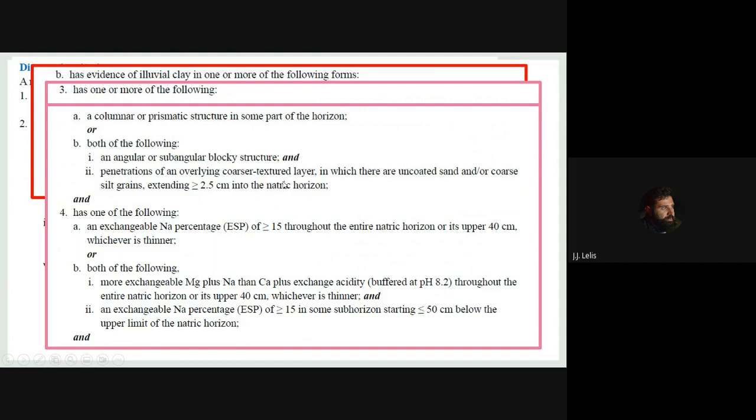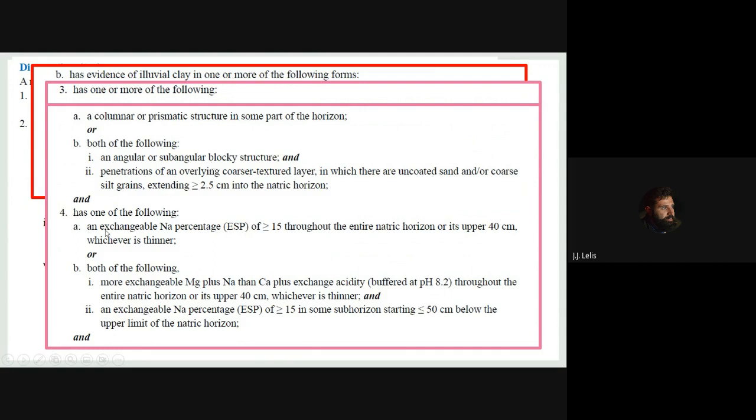So it should possess a wavy or irregular transition between this coarser texture layer and the natric horizon. And this coarser texture material should possess uncoated sand or silt grains.